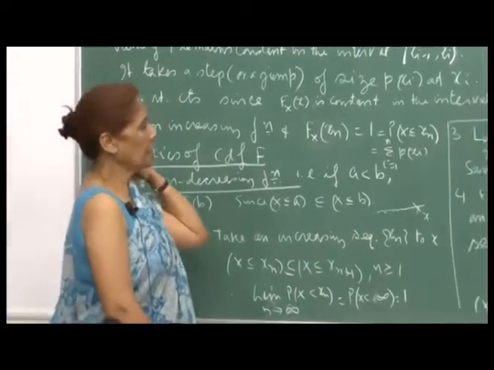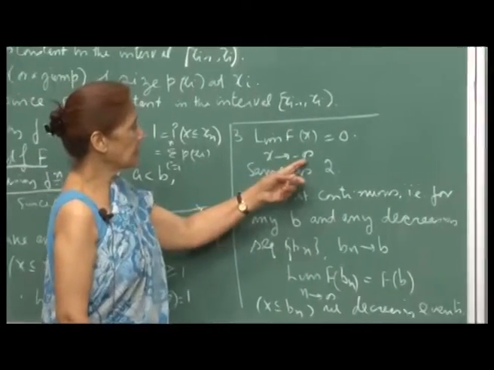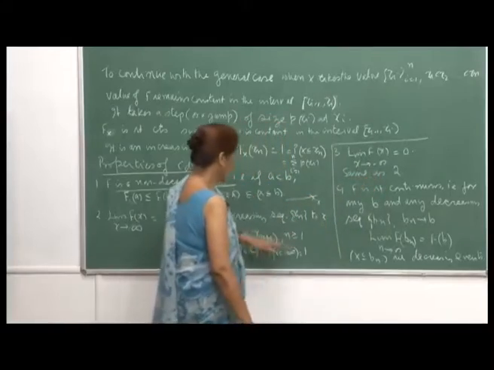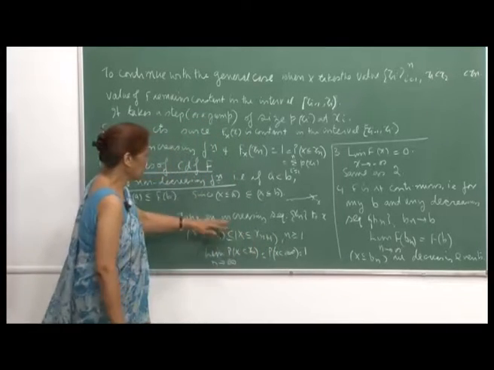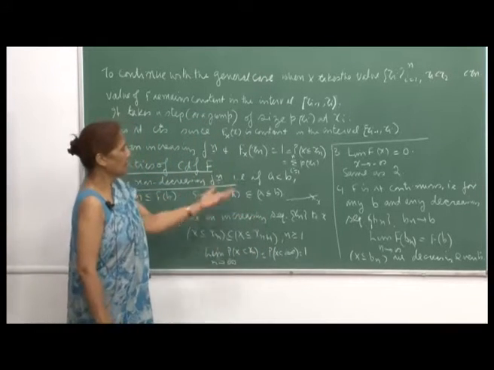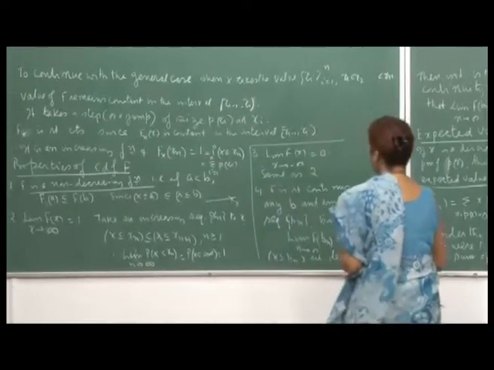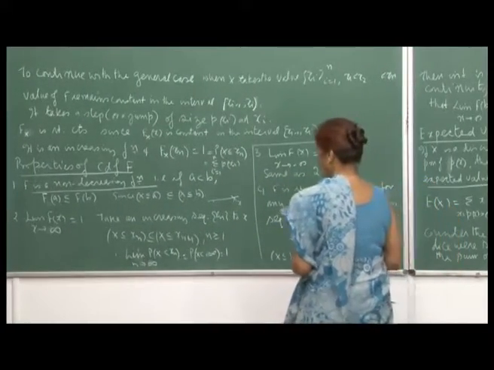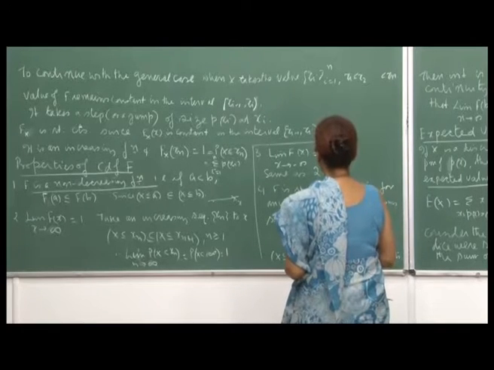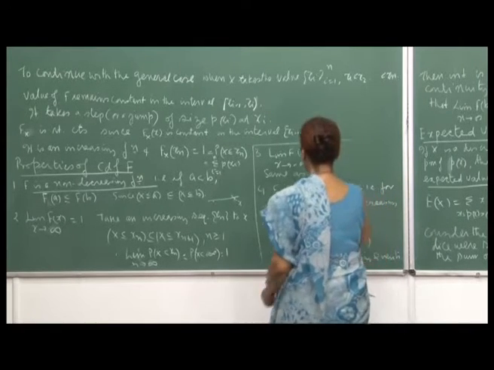Then we say that the limit of F(x) as x goes to minus infinity is 0. The argument here is the same, except that there we took an increasing sequence x n, and here we will take a decreasing sequence. So this is as x goes to minus infinity, and the limit of F(x) is 0.